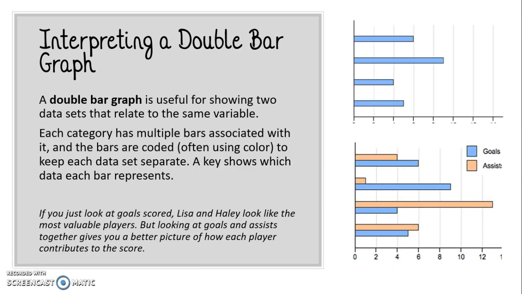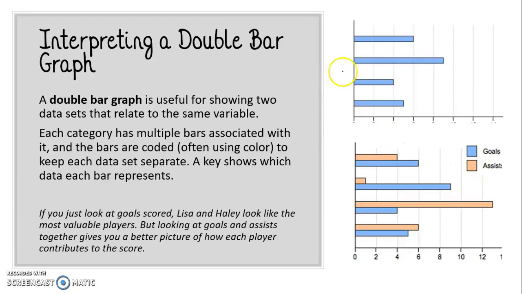Which moves us on to interpreting a bar graph. Now, since you've had a lot of experience with regular bar graphs, I wanted to jump into talking about a double bar graph. This is useful for showing two data sets that relate to the same variable. Each category has multiple bars associated with it, and the bars are coded using this key here.